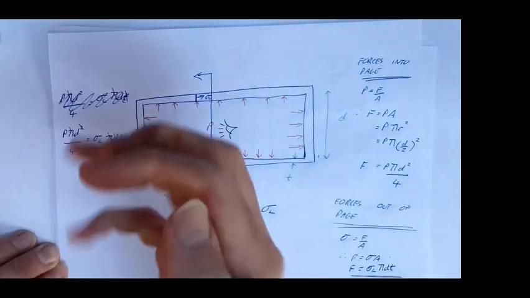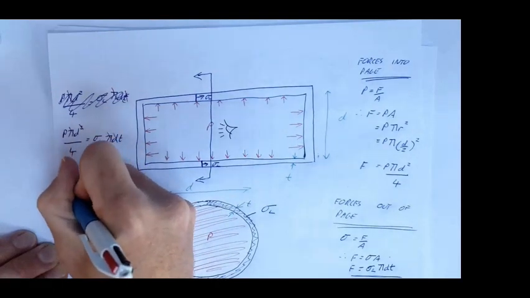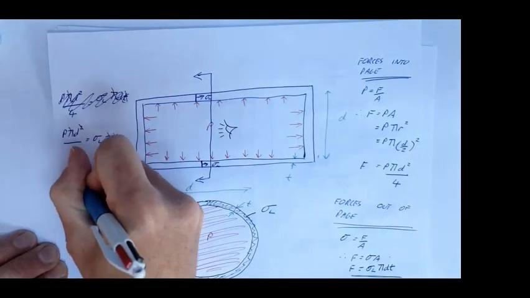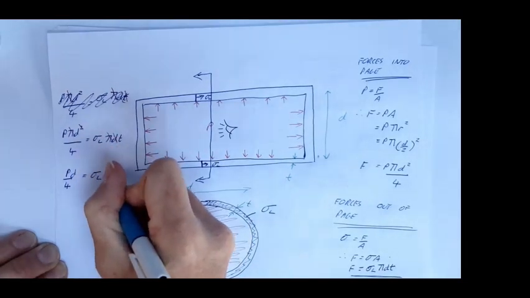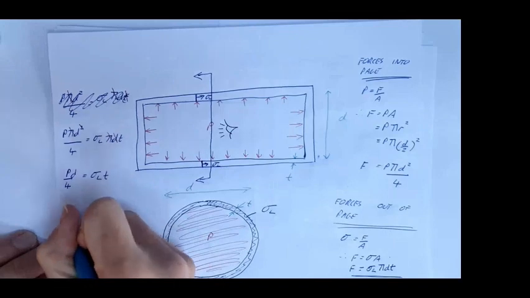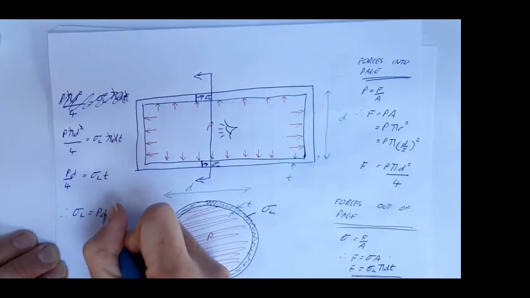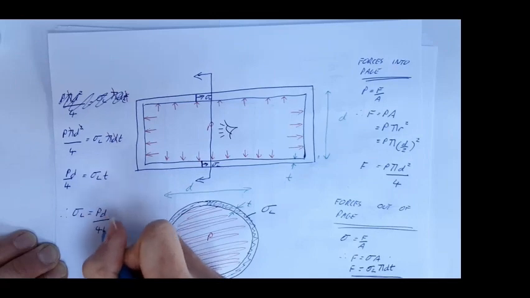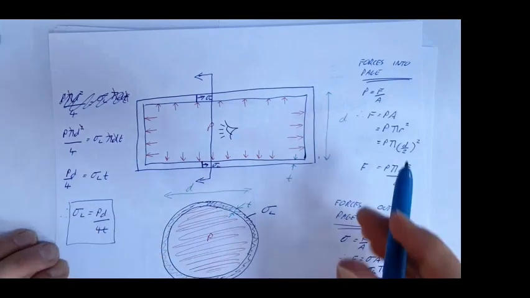So what do we end up with? We end up with P d over 4 equals sigma L times by t. So therefore sigma L equals P d over 4t. Okay, that's my longitudinal stress.